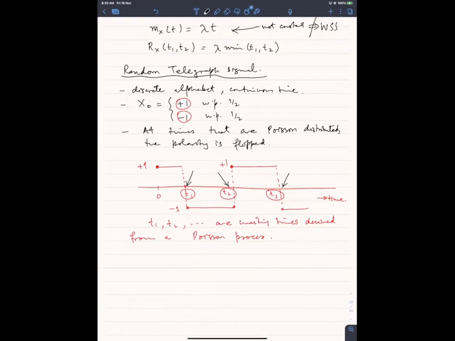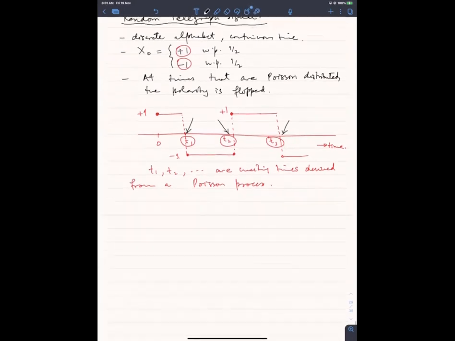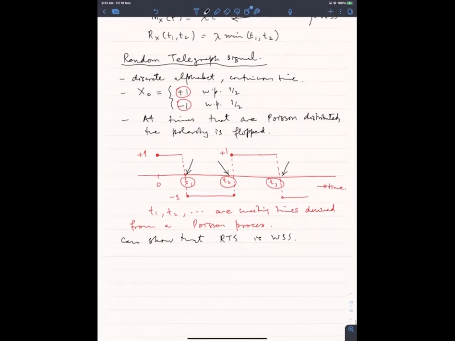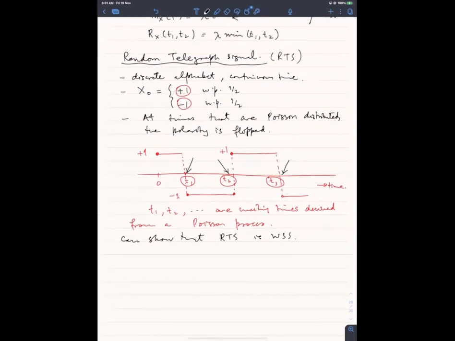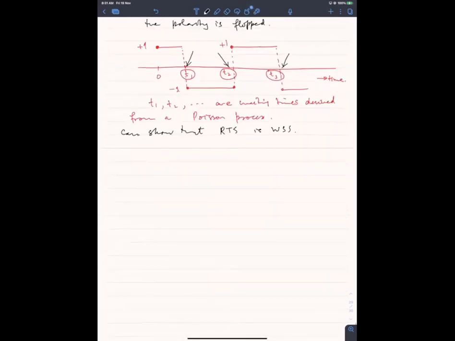So +1 से -1 हो जाता है या -1 से +1 हो जाता है. So you can see that this is very closely related with the Poisson process. We can show that random telegraph signal is wide sense stationary. This random telegraph signal is wide sense stationary.